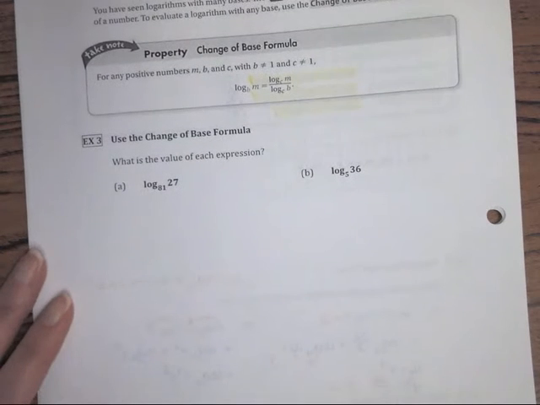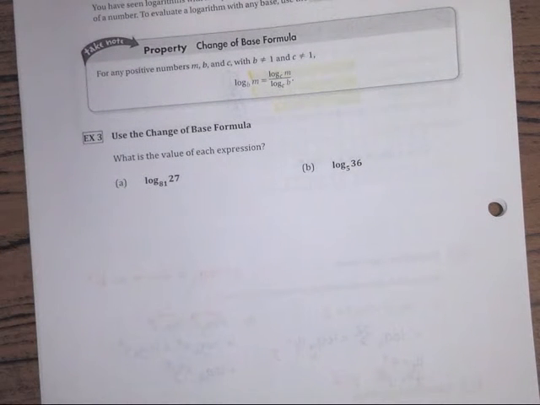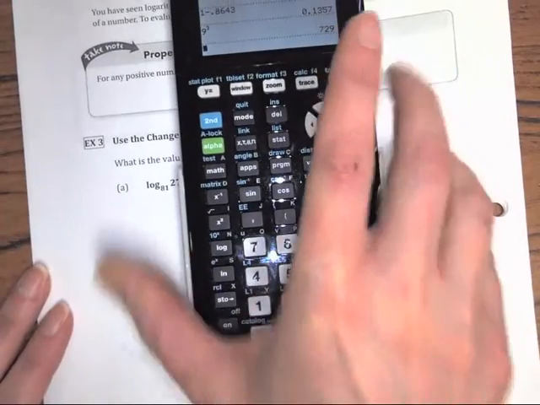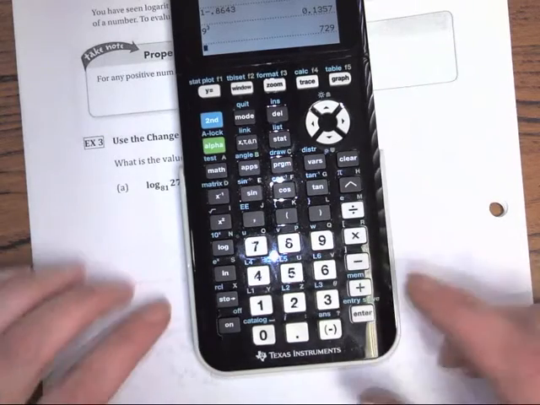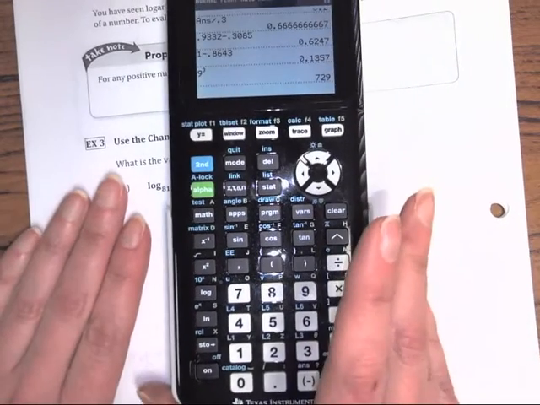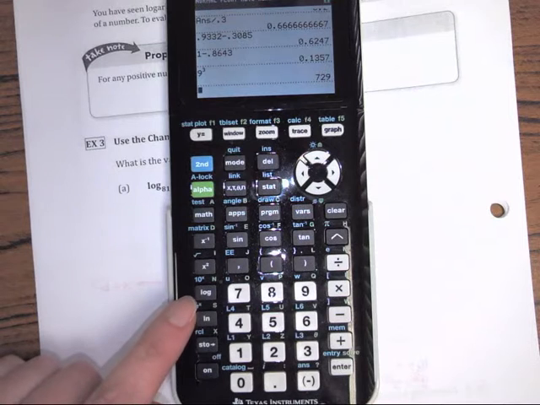This actually brings up something that I talked about in the last video about your calculator. So I want to show you on your calculator. You have a logarithm key, and it's right here. And see how it has no base? This is the log base 10 key.